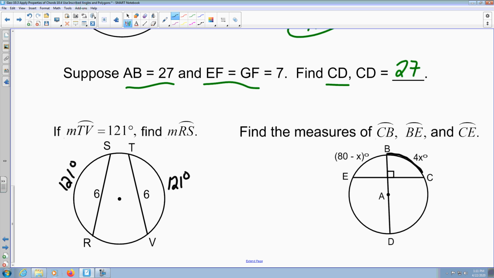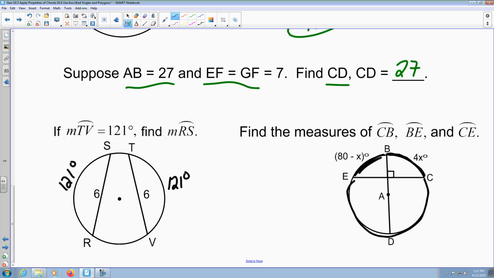If you look here, it says find the measure of CB. CB is right here, and BE, which is right here, and I also want to find CE, which is right there. So what they're telling us is that BD is a diameter because it crosses through point A, which is the center, and we also know that EC and BD are perpendicular.